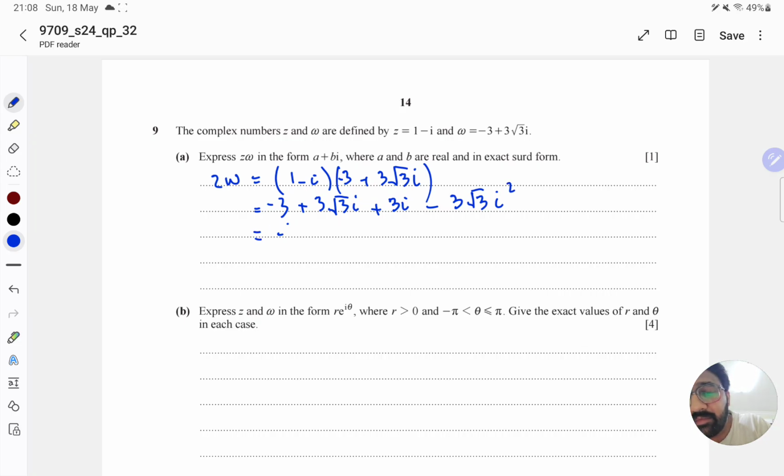Now if I simplify, it will be minus 3 plus 3 square root of 3 plus, because i square is -1, it is going to change into positive, that is why it is 3 square root of 3 positive. So 3 square root of 3i plus 3i. Now I can keep the real part together and the imaginary part together.